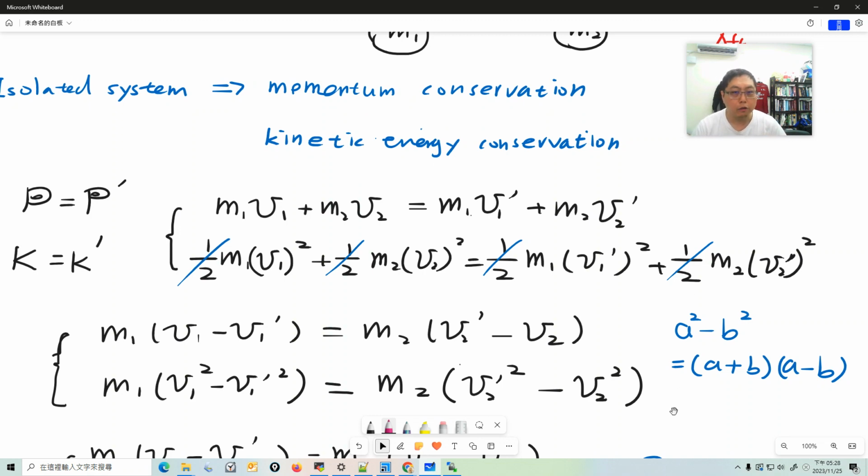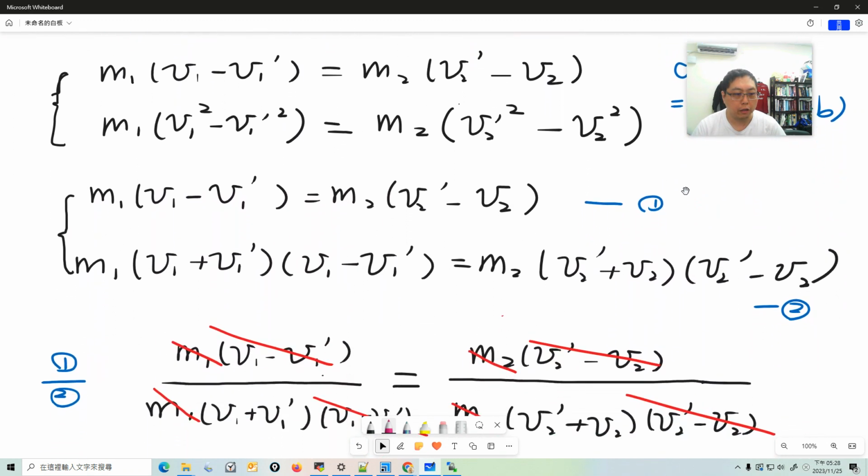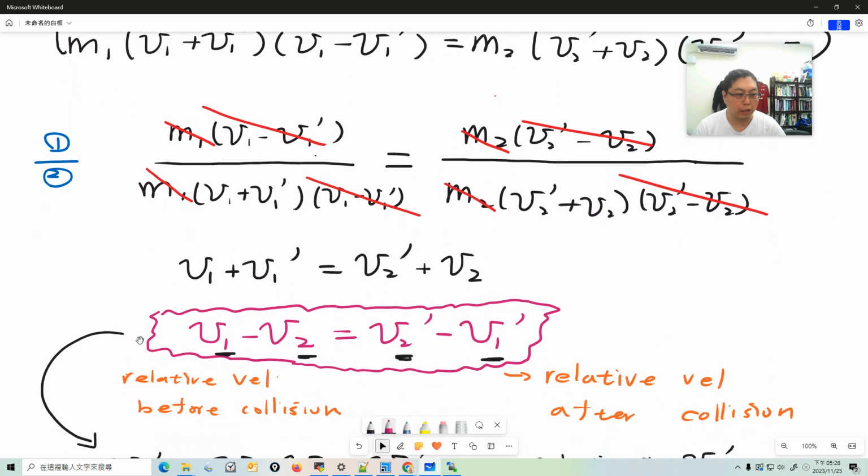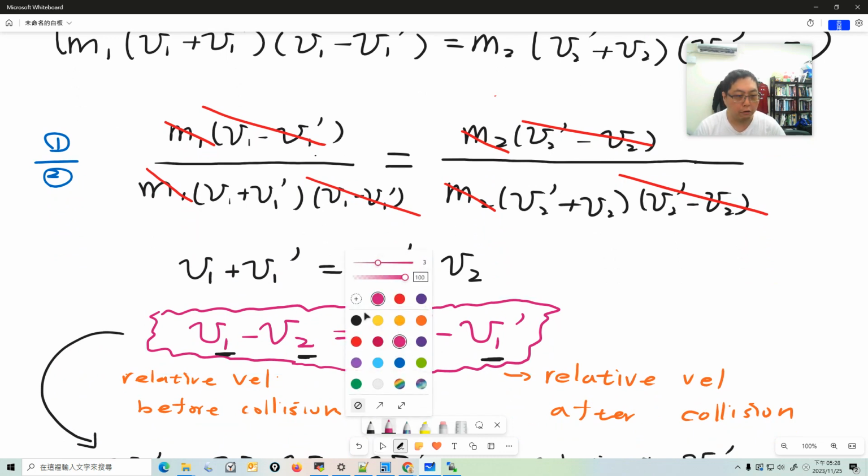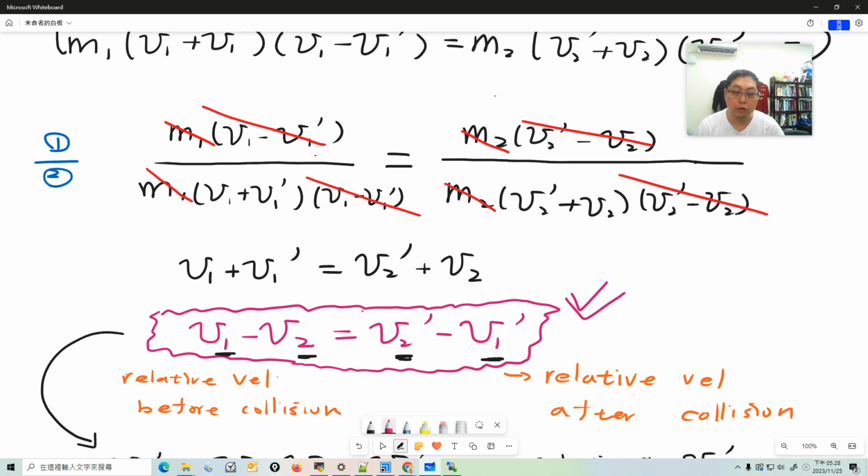Okay, and during the derivation, we also get the feature equation of 1D elastic collision. This is very important because later I will use this a lot to solve collision problems. We have the equation for momentum conservation and kinetic energy conservation, and we also have this feature equation.